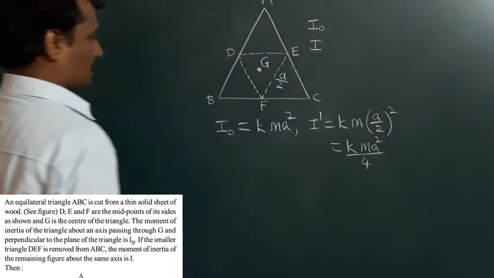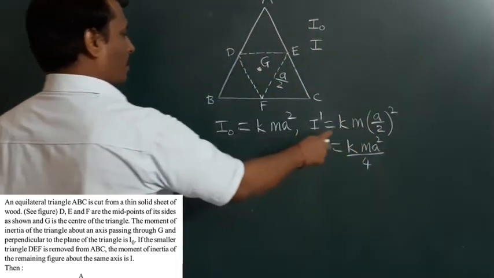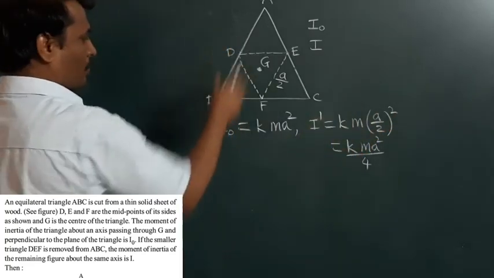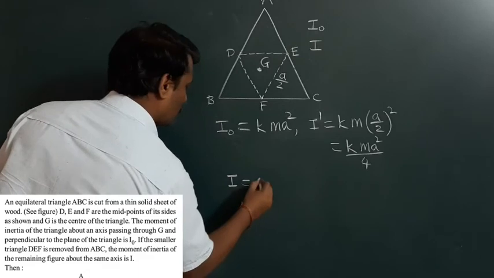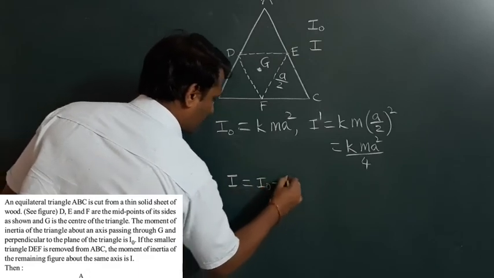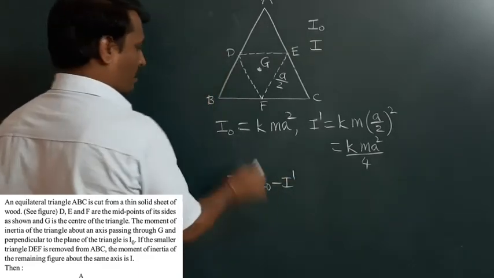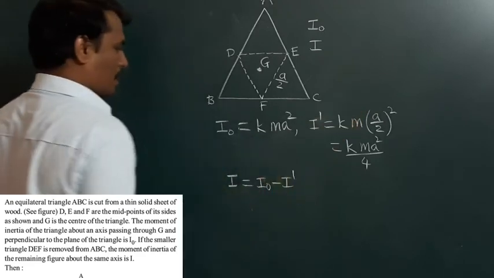Now, when this portion is removed, the moment of inertia can be written as I equal to I naught minus I dash, because this portion is removed from I naught.